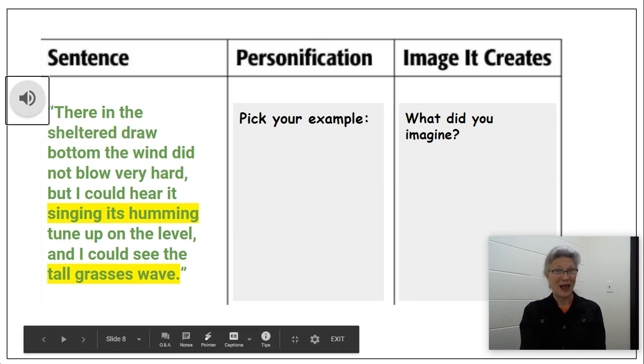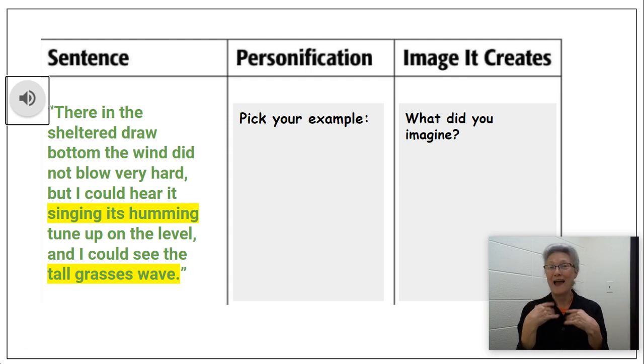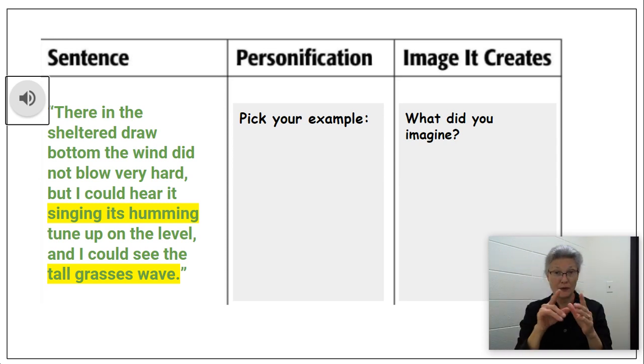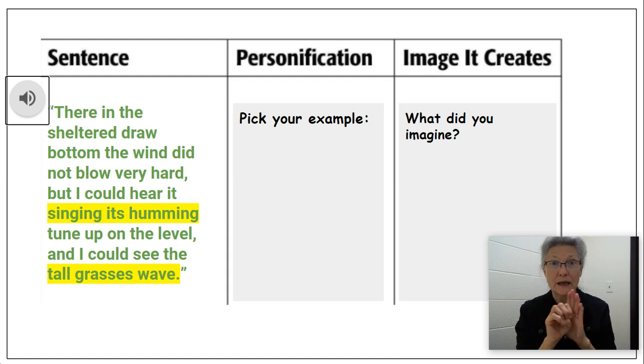How'd you do? I have the sentence that you should have dragged the arrow to. It says, "There in the sheltered draw bottom, the wind did not blow very hard, but I could hear it singing its humming tune up on the level, and I could see the tall grasses wave." Now, what's awesome about this sentence is not only is it an example of personification, but there are two different personifications within this one sentence.